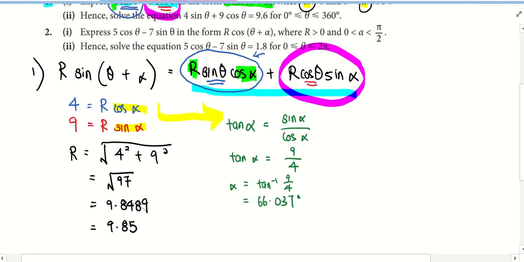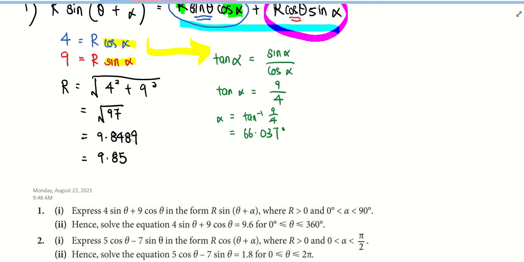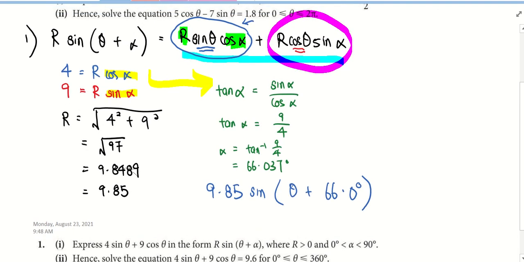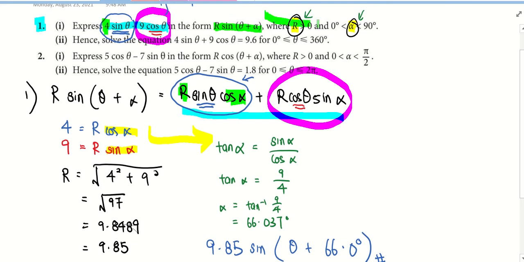Oh, I need to write back in the form. What is the form? Oh, teacher, I found my R. So let me put it in. 9.85 sine. I found my alpha, 66.0 degrees. Alright, and this will be the final answer. Okay, take note of our job. You see? Must make it look like that.